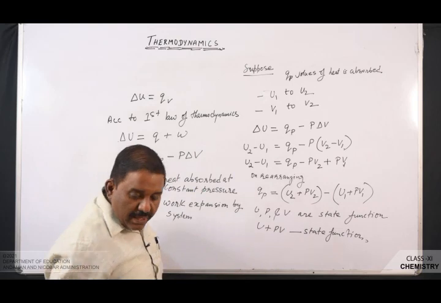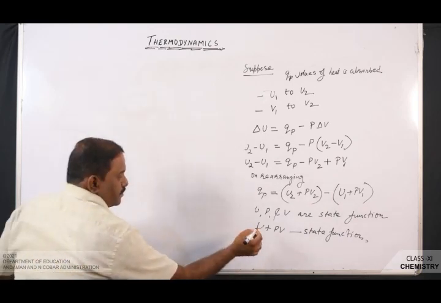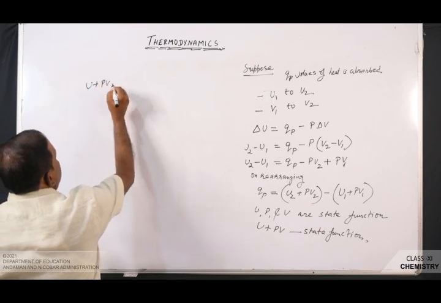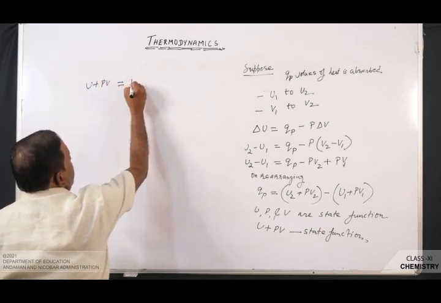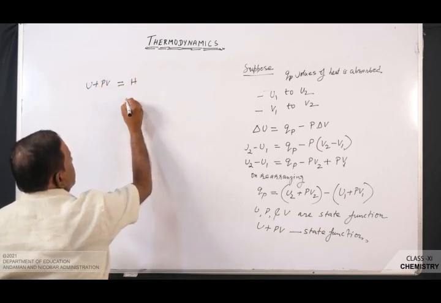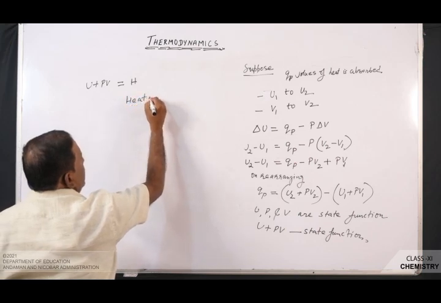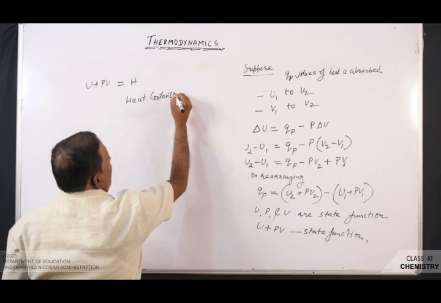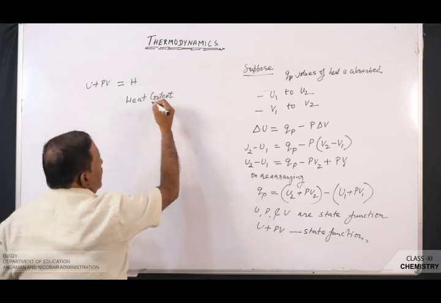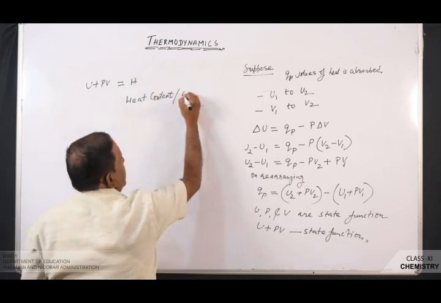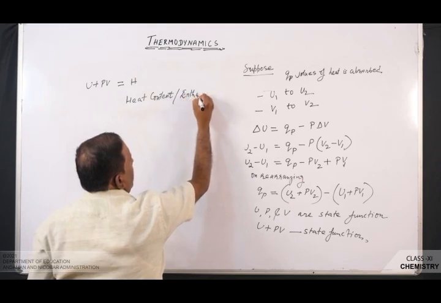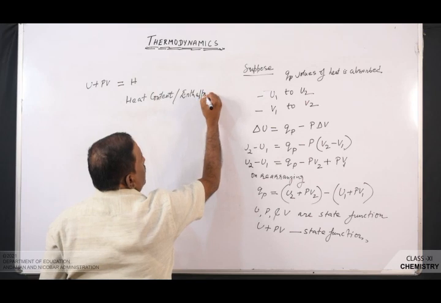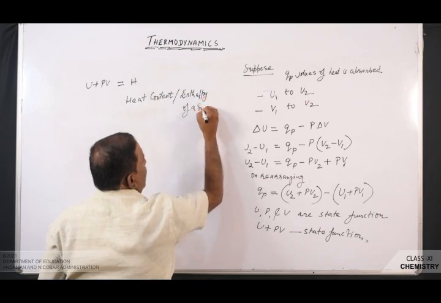Now this U plus PV is nothing but H, and this H is the heat content of the system. Or, in the Greek word, it is said as the enthalpy of a system. Okay.